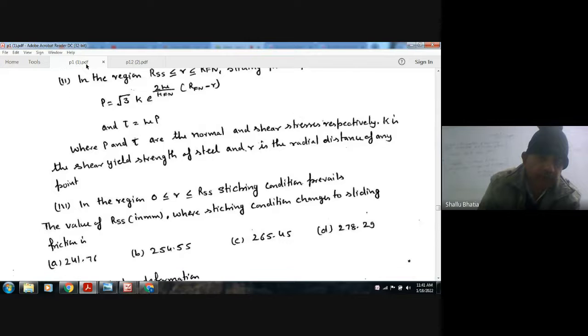In the region between 0 to r_ss, sticking friction prevails.